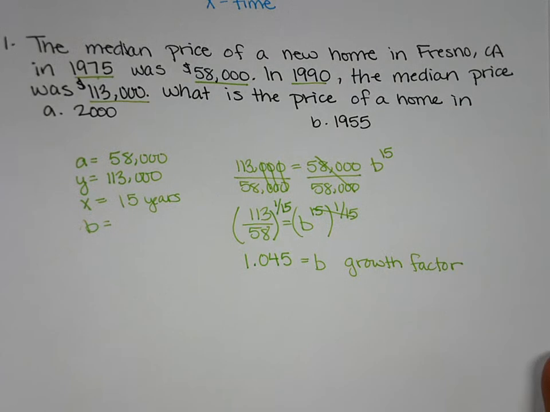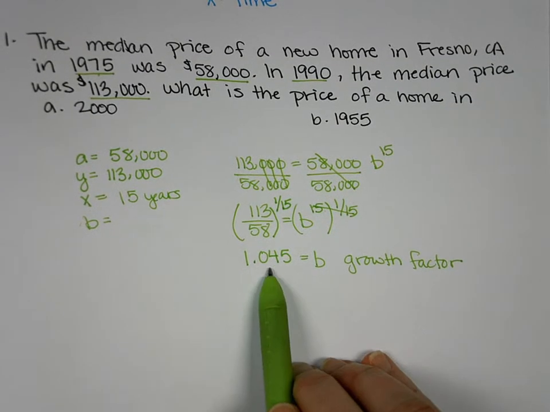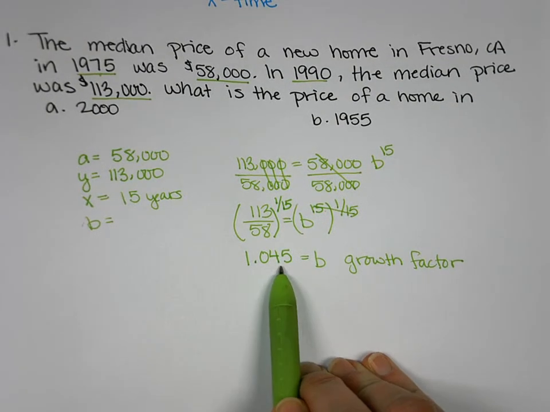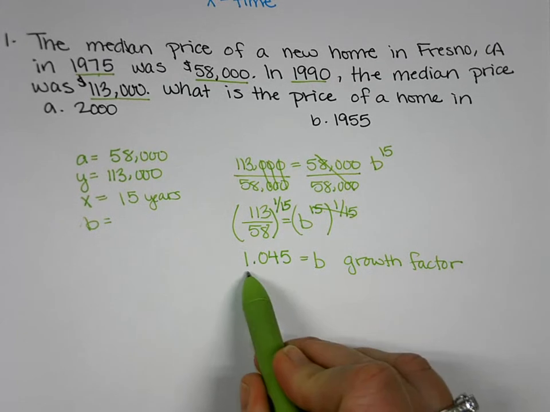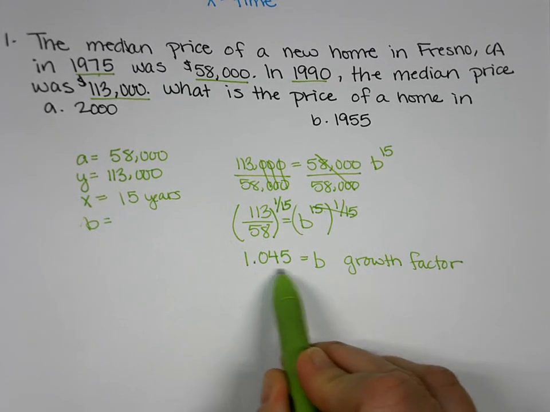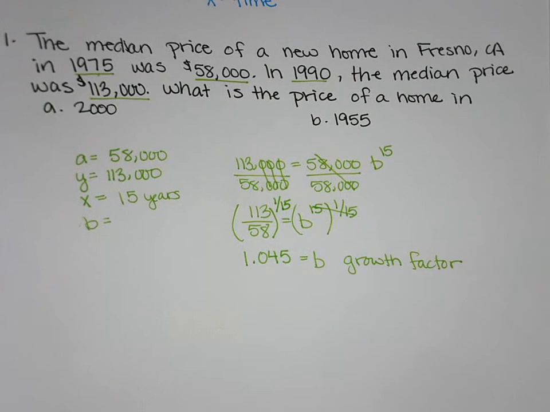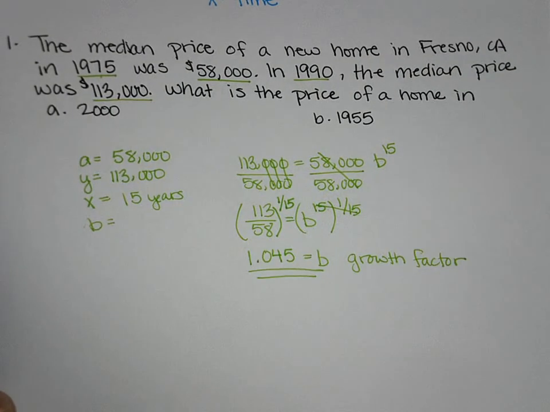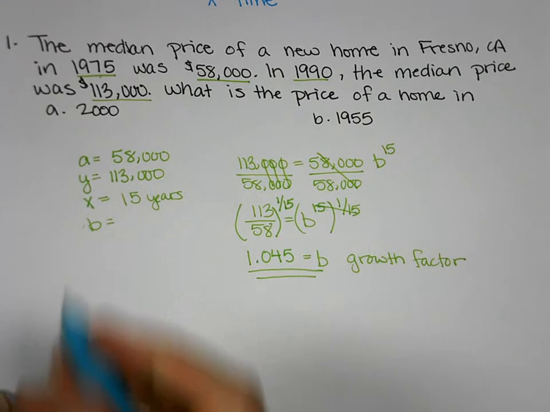So if we look at our growth factor, it looks like it's growing at about 4.5%. So if we were to think about how much over 1 it is, it's 0.045, which is about 4.5% every year. So now that we have that, let's go to part A. Let's actually answer our question.